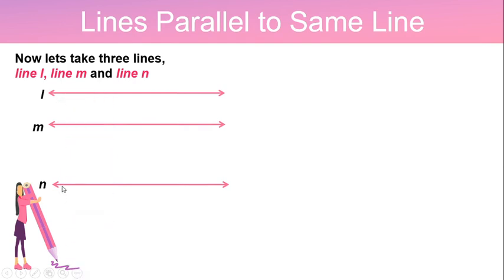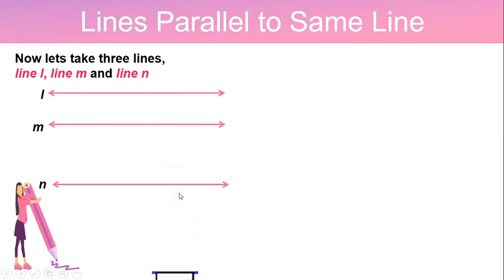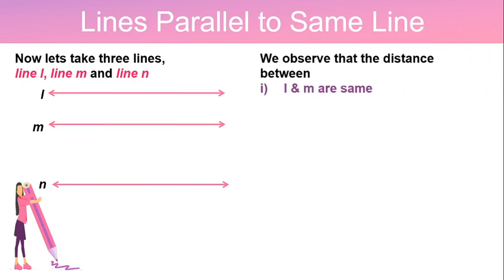Again, if you see, the distance between L and N is the same. So what we have observed is that the distance between L and M is the same. The distance between M and N is also the same by using the same method, and the distance between L and N is also the same.